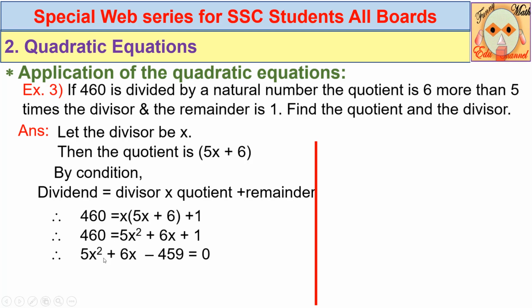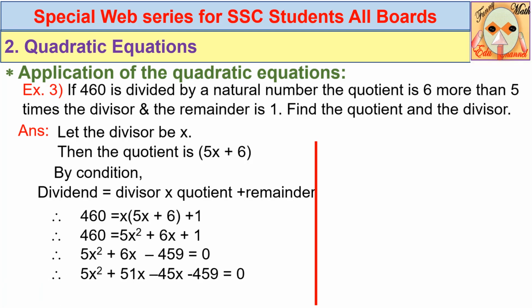So you get here 5x squared plus 6x minus 459 equals 0. Now here the coefficient of x squared is 5 and not every term is divisible by 5. So we can't do it directly by the factorization method, but we can split the middle term, that is 6x, like 51x minus 45x.